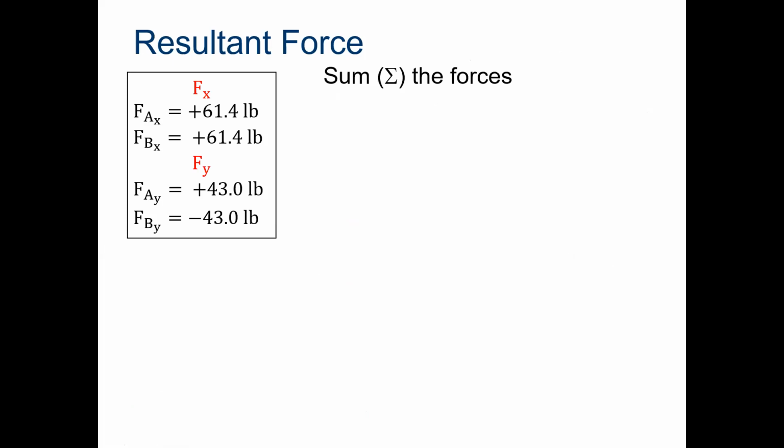Okay, so now that we have drawn a free body diagram of components A and B of our force vectors, now we need to find the resultant force by summing components A and B of our force vectors. Okay, so let's take a look.